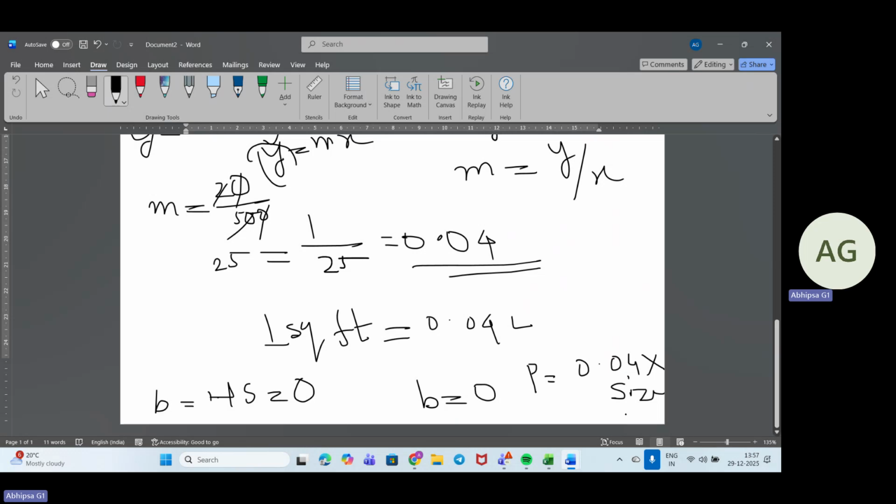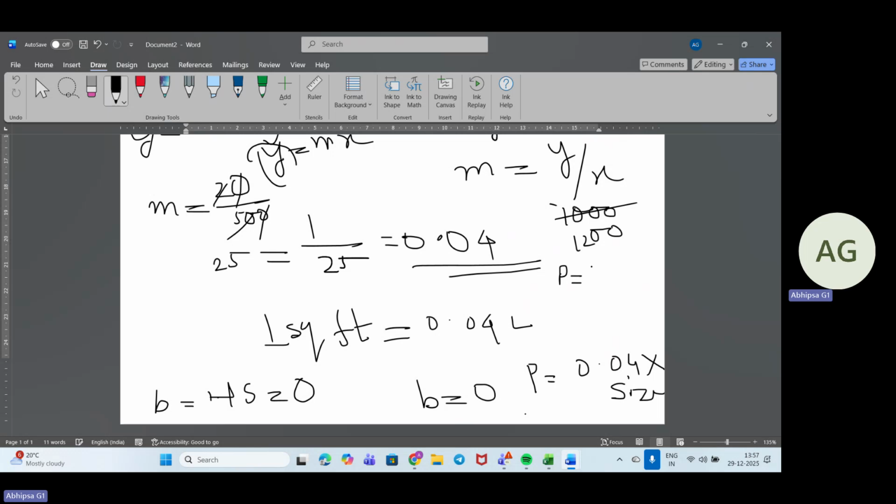So if we know the house size, suppose around 1000, we have already got the value for 1000. So let's take it around 1200. In that case, when the value of b is 0, what will be the price?